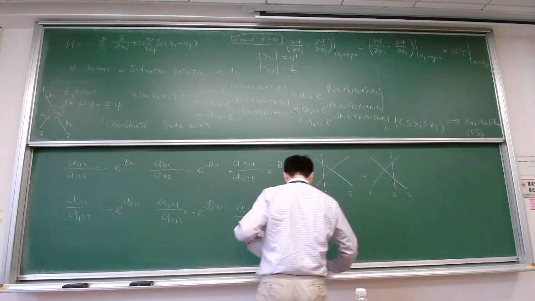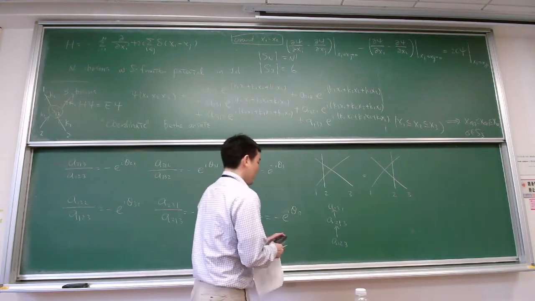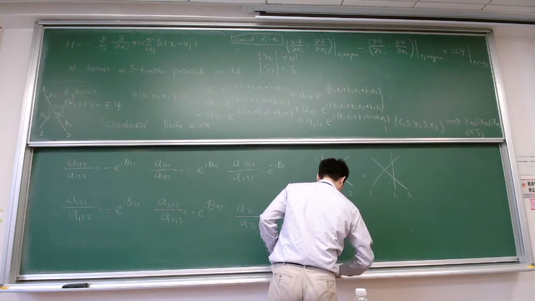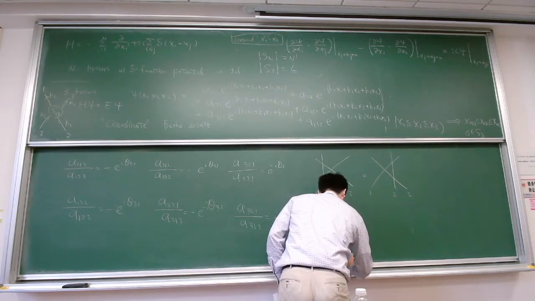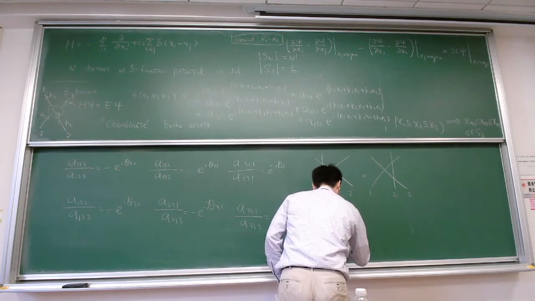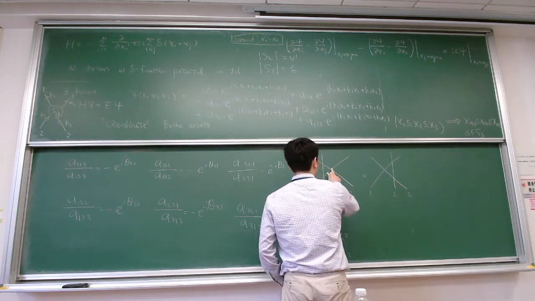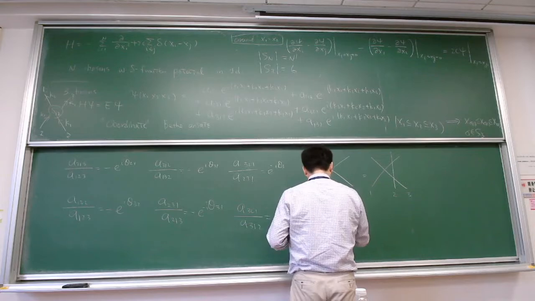Oh, I don't have space to write this down, sorry. A(1,2,3) goes to A(2,1,3), and then A(2,3,1).